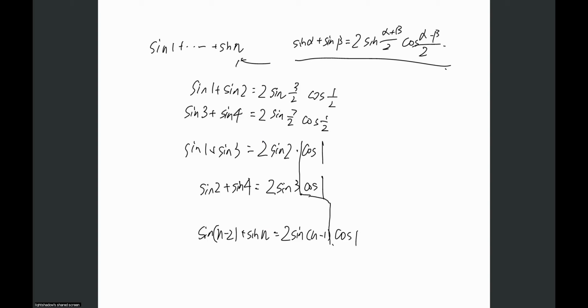So if I use the cosine 1 here, I can obtain sine 1 plus sine 3 plus sine 2 plus sine 4 plus sine 3 plus sine 5.